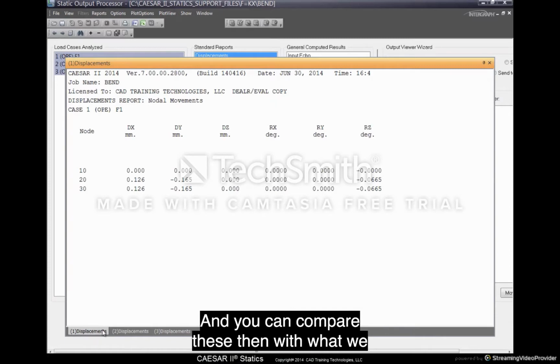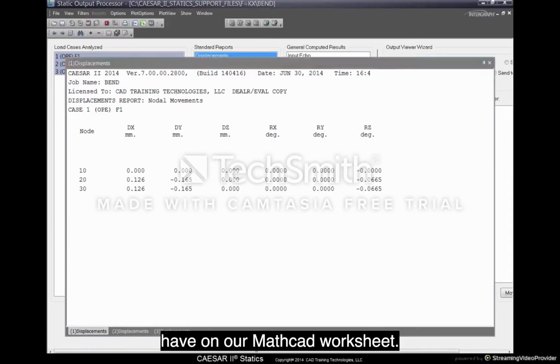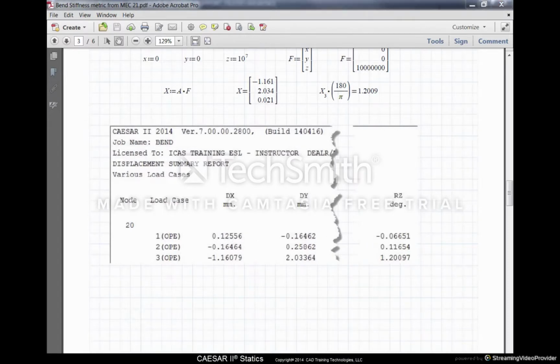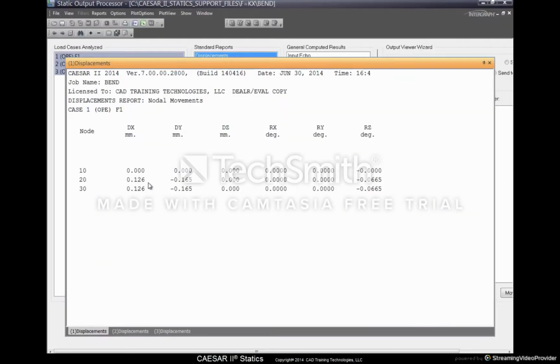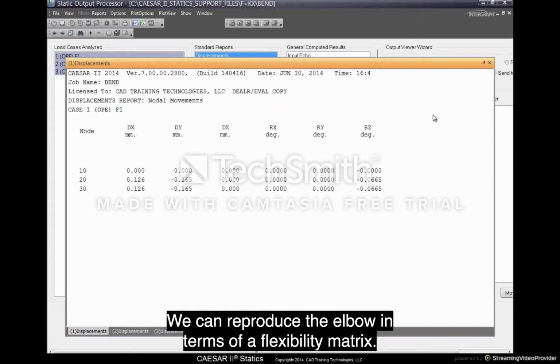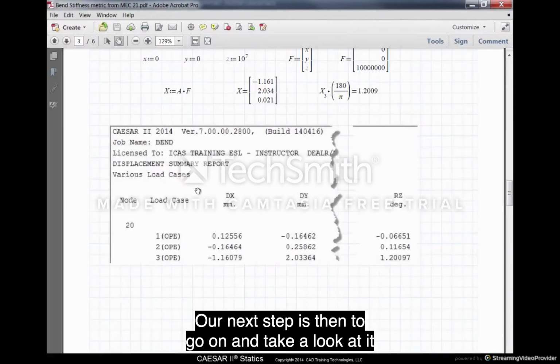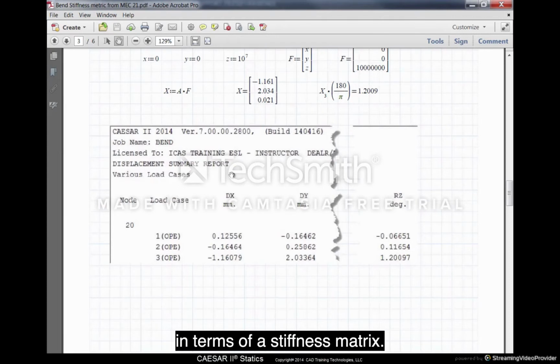And you can compare these then with what we have in our MathCAD worksheet. I want to see node 20, those three numbers: 0.126, minus 0.165, and minus 0.0665. We can reproduce the elbow in terms of a flexibility matrix. Our next step is then to go on and take a look at it in terms of a stiffness matrix.